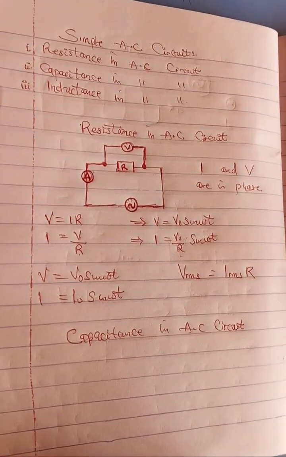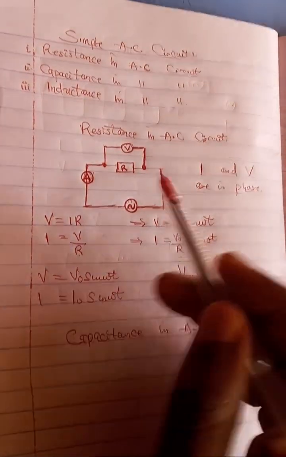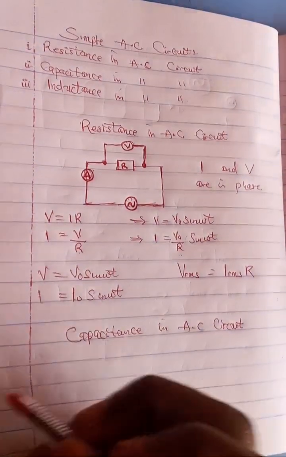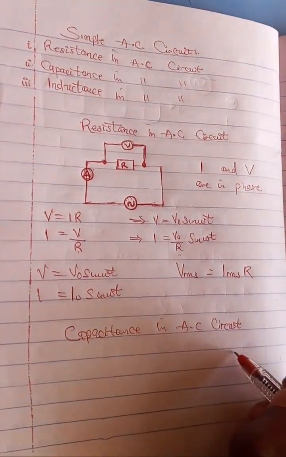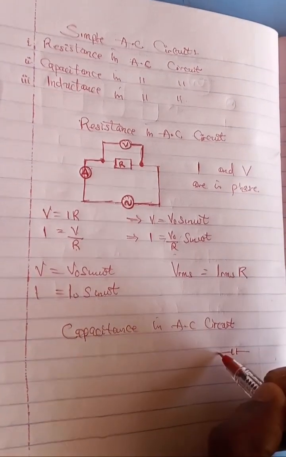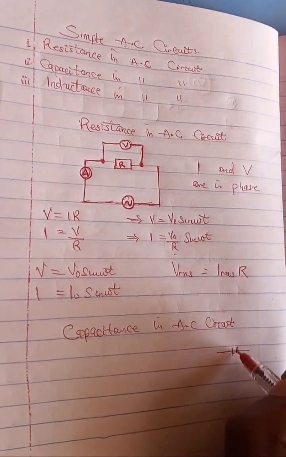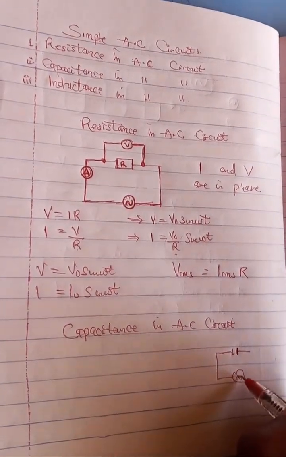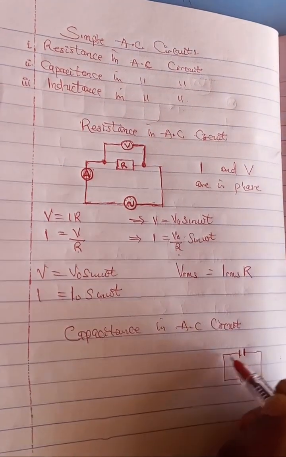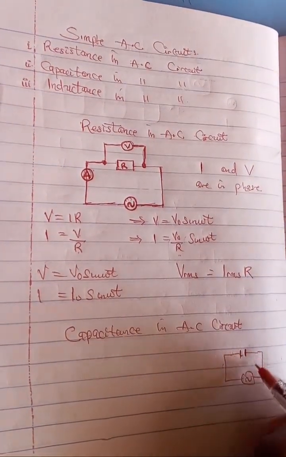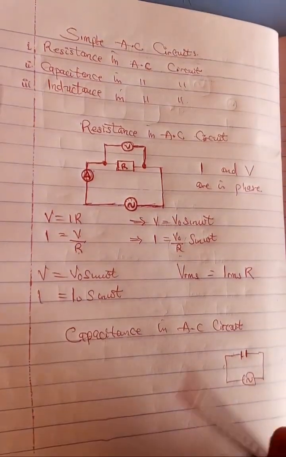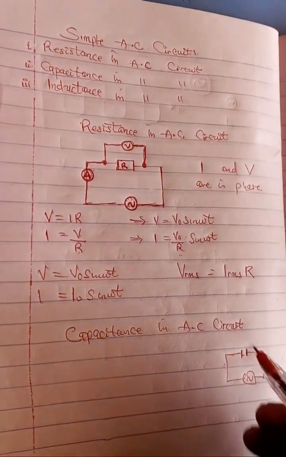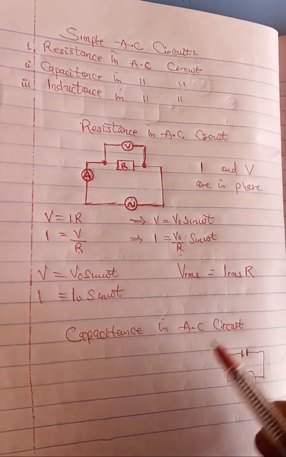I will not be giving a full circuit diagram, just a simple one. It is the same thing, but this time I will put the capacitor. This is the symbol for the capacitor in a circuit diagram. Same thing here, and we have our ammeter and the voltmeter around it. What is important for us to know is that the current and voltage are out of phase.